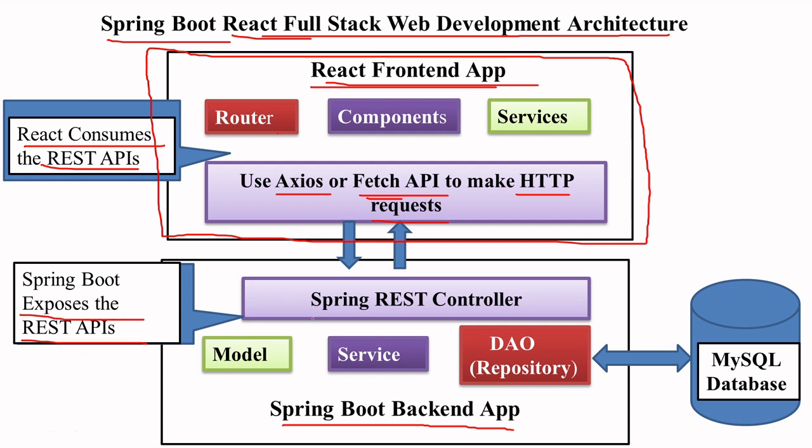In the Spring REST controller, we create CRUD APIs, that means post, delete, update, put REST APIs. In the backend, we use model, service, class, and the DAO repository, and through this DAO repository, we can communicate with the MySQL database.